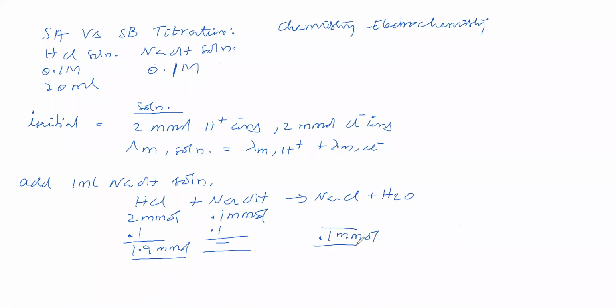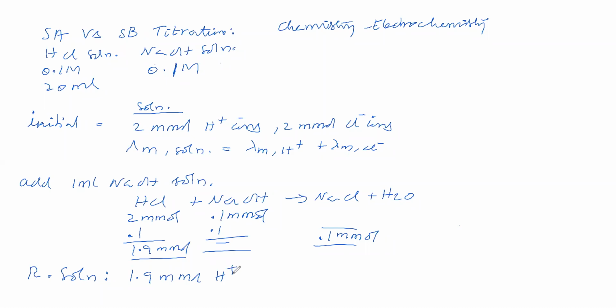Now we will see the resultant solution. In the resultant solution, HCl is there. HCl gives H plus ions, that is 1.9 millimoles of H plus ions. Then HCl gives Cl minus, 1.9 millimoles.